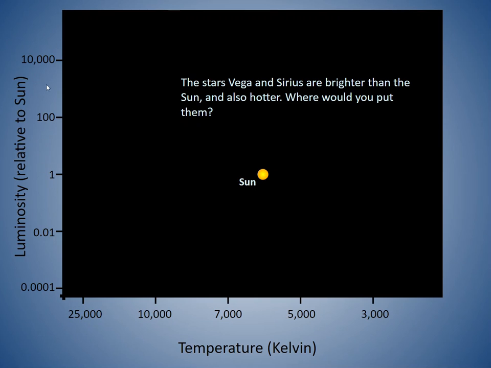Again, these are bigger numbers up here than these, so you go up. If it's hotter than our sun, do I go left or right? Yep. So it should be over here.